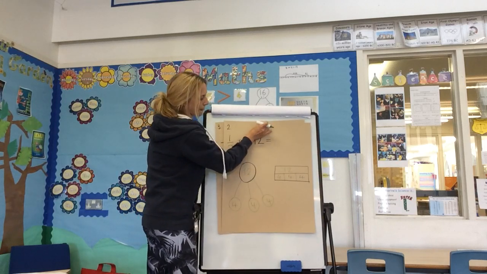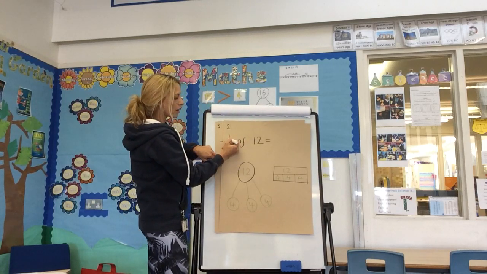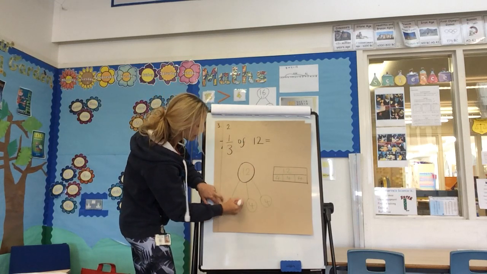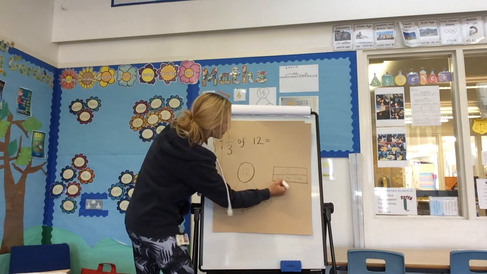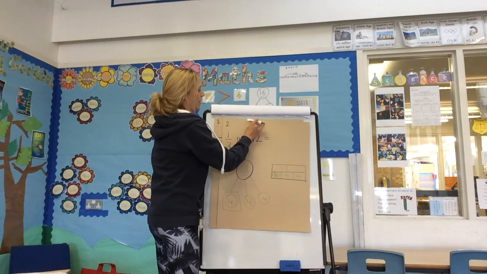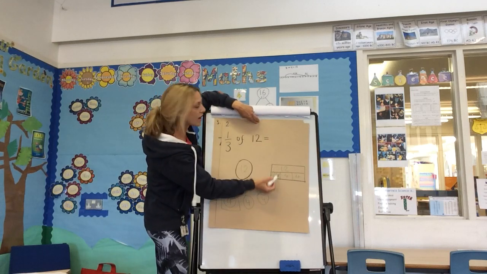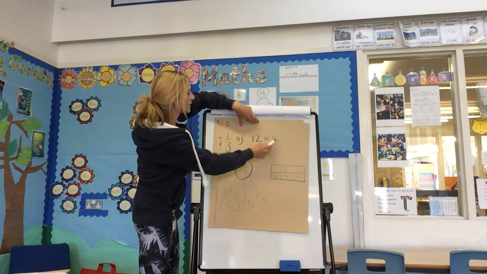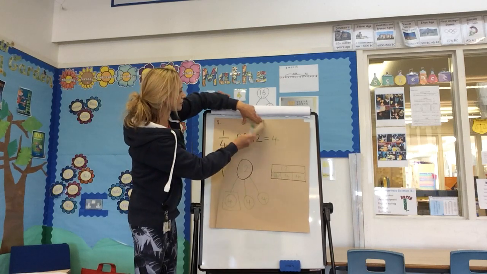So 1 of these 3 is 4. 1/3 of 12 is 4. We know that 3 times 4 is 12.